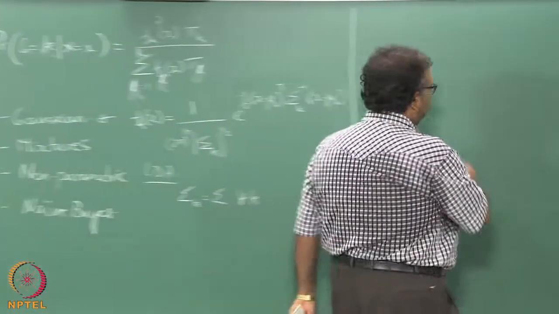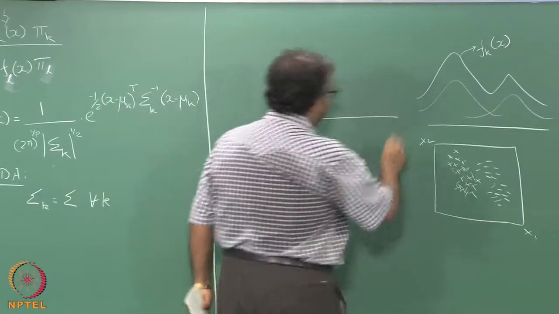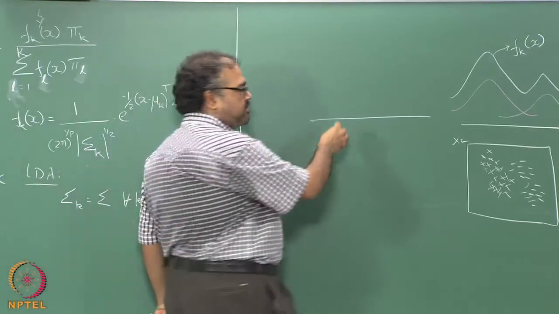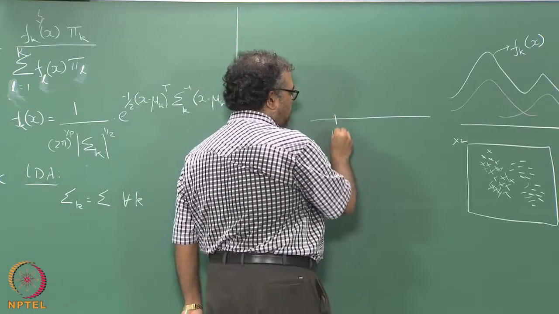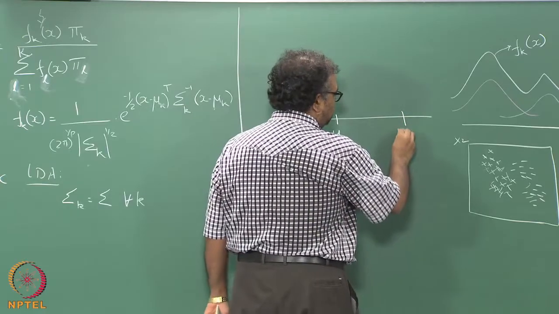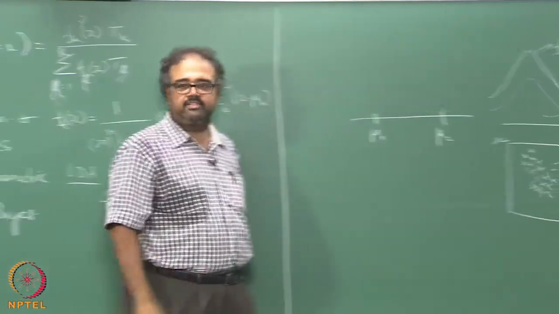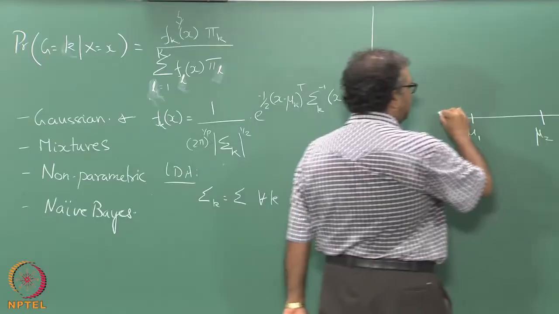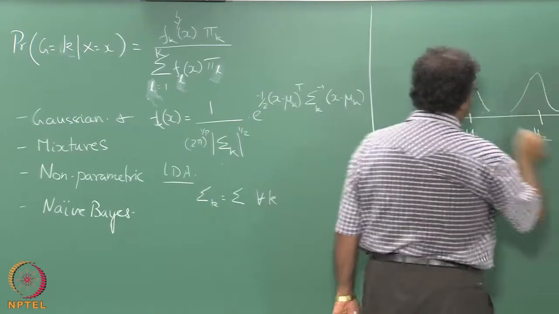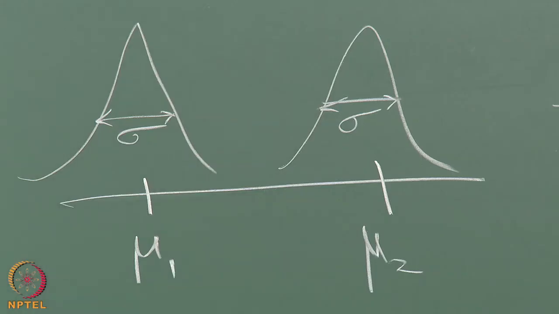It means that, I will do that in 1D. Class 1 could have the mean of my Gaussian here, class 2 could have the mean of the Gaussian somewhere else, but the shape is the same.